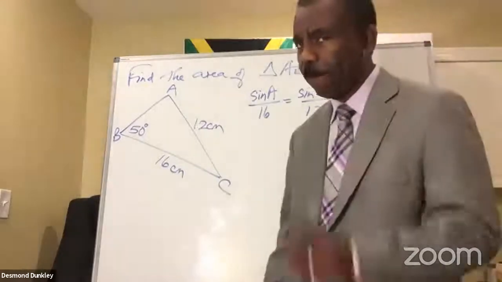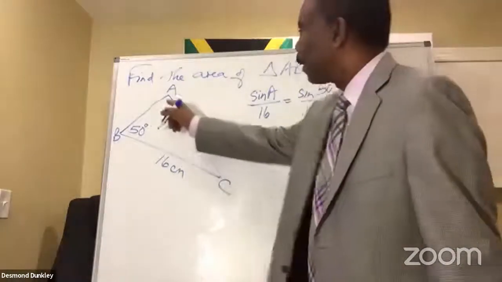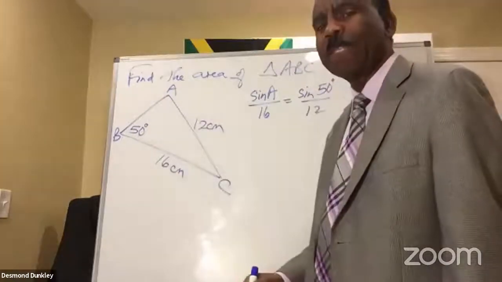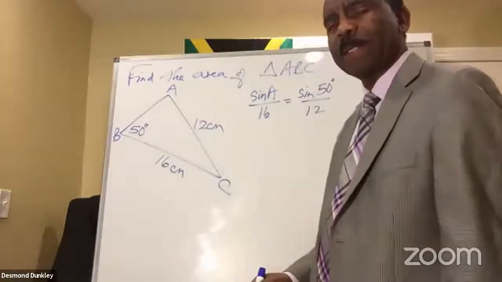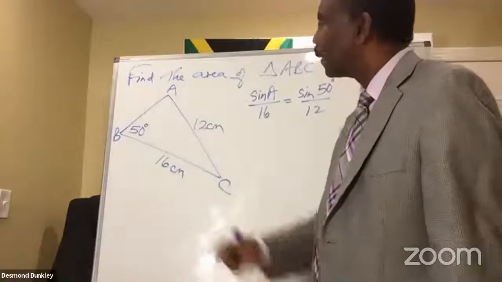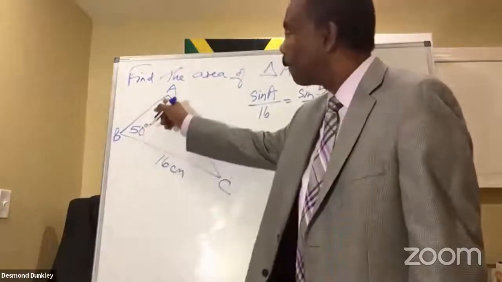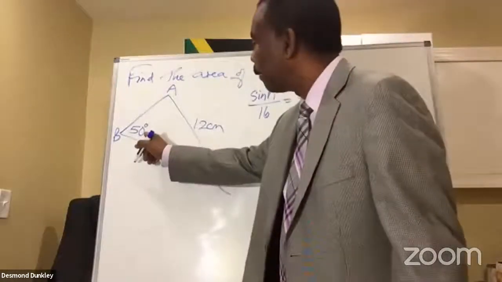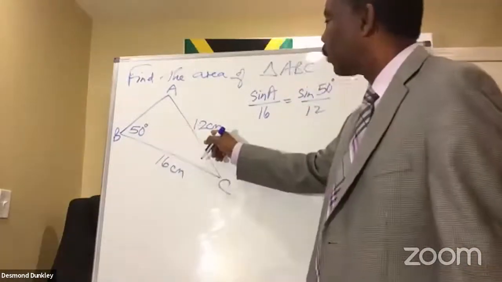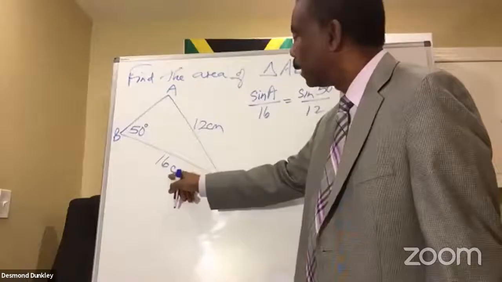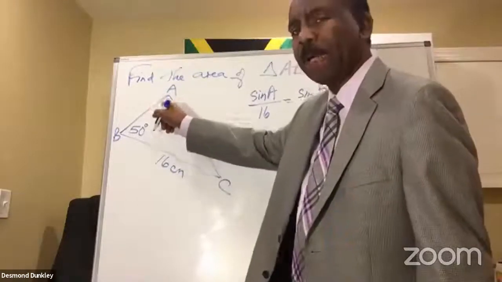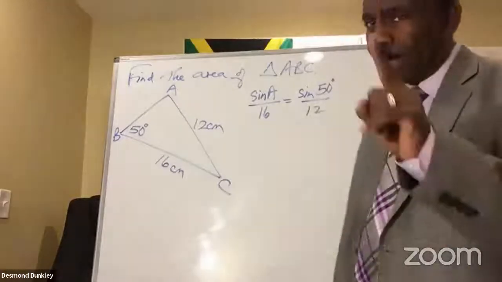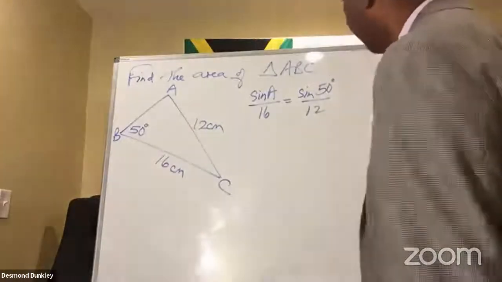Quick question, let's see if you're paying attention. Is angle A going to be more than 50 degrees or less than 50 degrees? Well, angle B is 50, this side is 12. If this is 16, this has to be an angle that's bigger than 50. So A has to be bigger than 50. So make sure we end up with an answer that's bigger than 50.